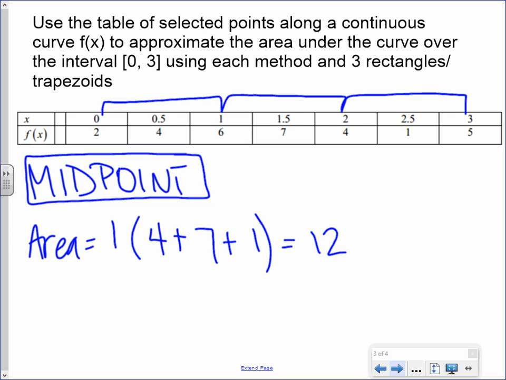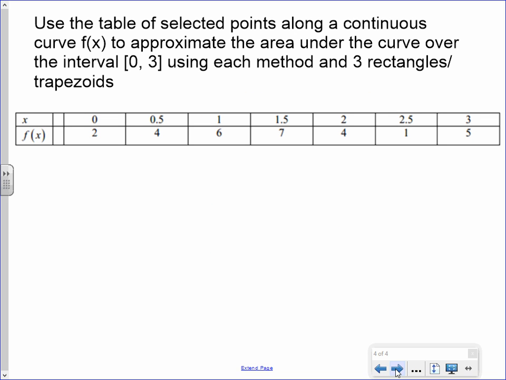And finally, we're going to do some trapezoids.